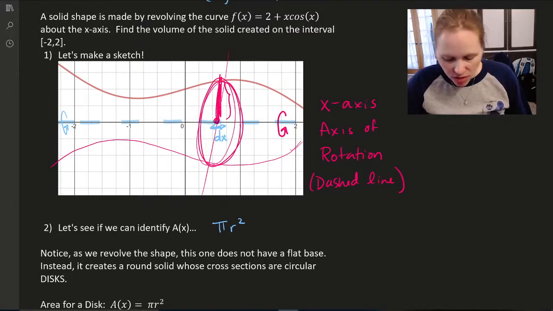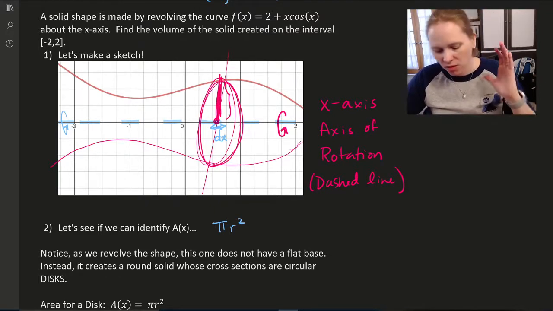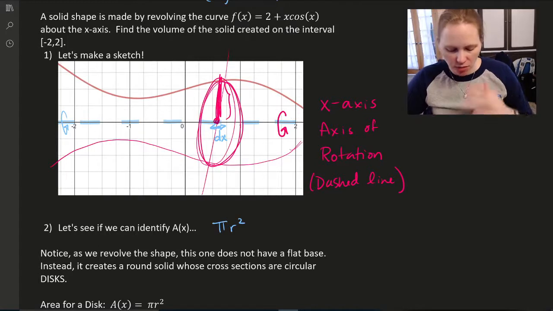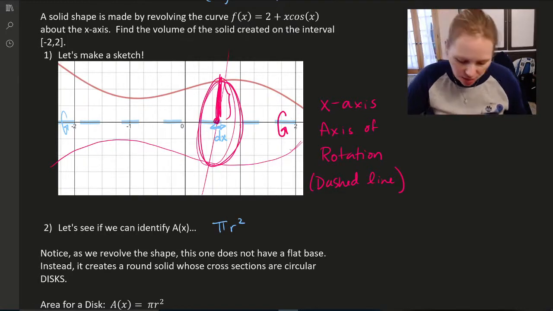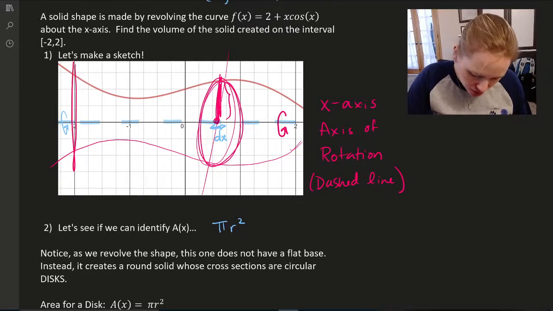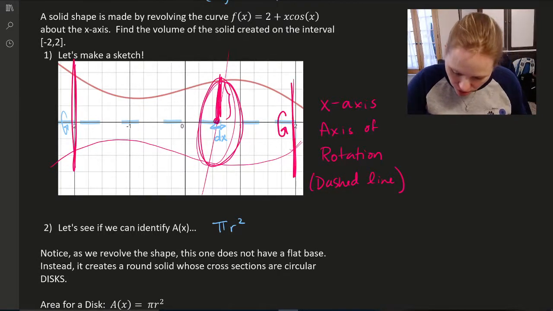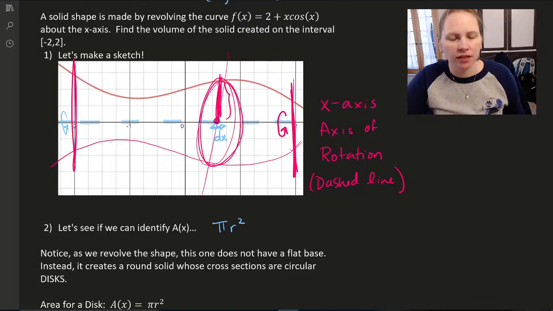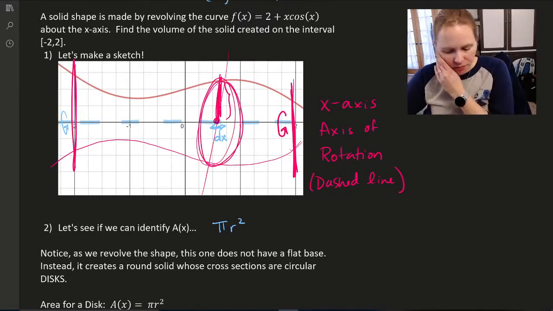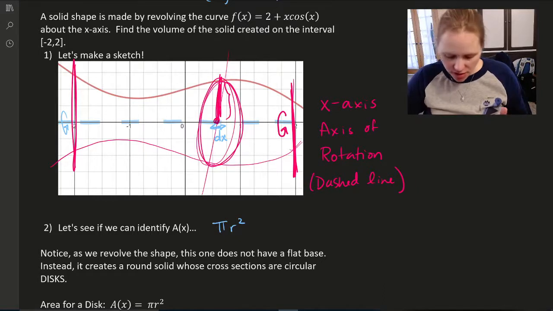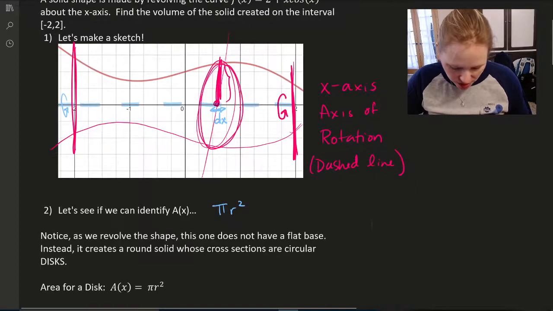All right, so now that we have our axis of rotation, we've got our label there, we know it's a dx setup. Now I'm going to mark where I'm starting and stopping. From -2 to 2, this is what I want to find. Those are also going to serve as my limits of integration as I set this up. And so basically I'm ready to go.